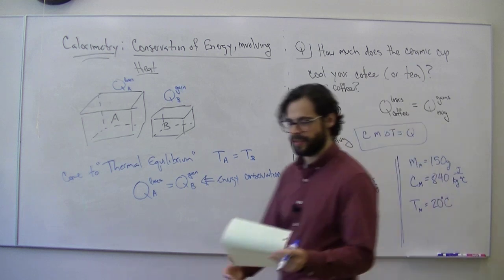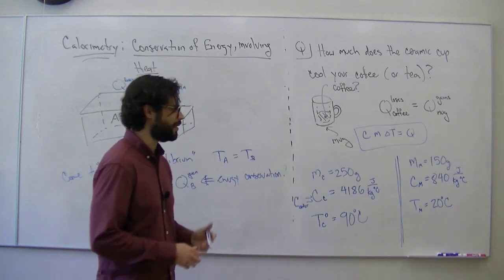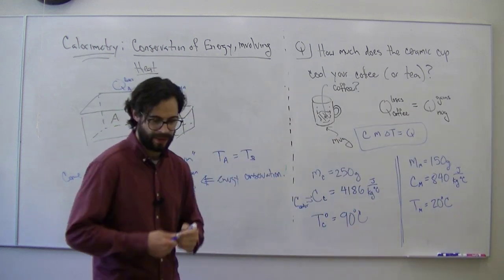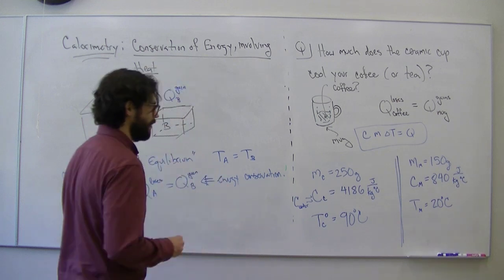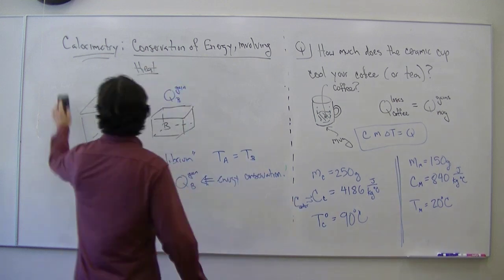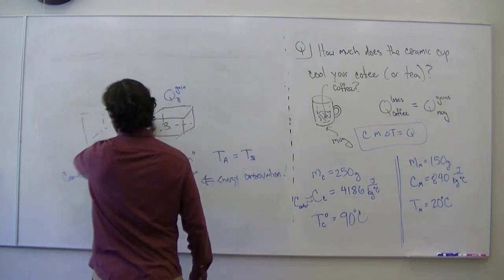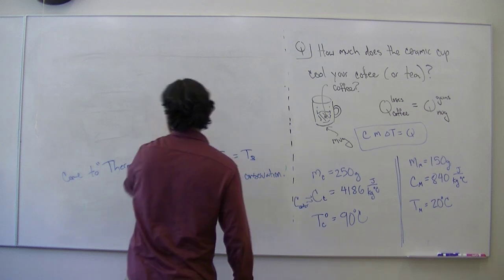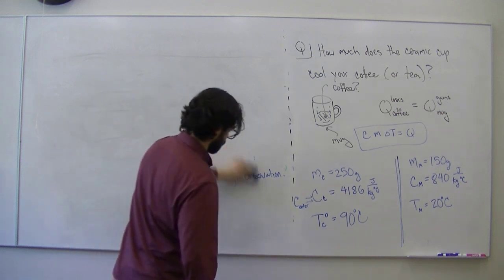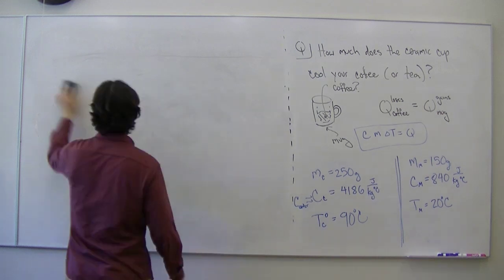The question is just arranging them in such a way that we get the signs right and we're not making any kind of grievous errors where we have energy flowing from the cold thing to the hot thing. In fact, there's a law of physics that tells us we shouldn't do that. Probably one of the last laws of physics you ever learn.